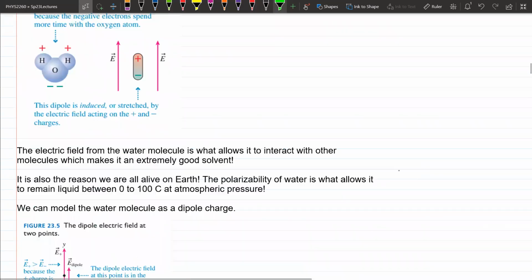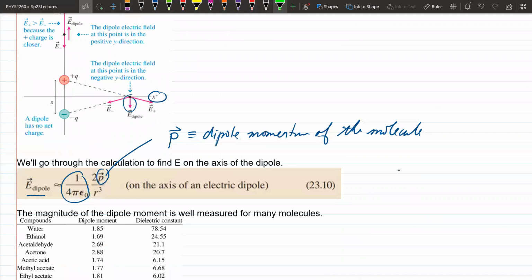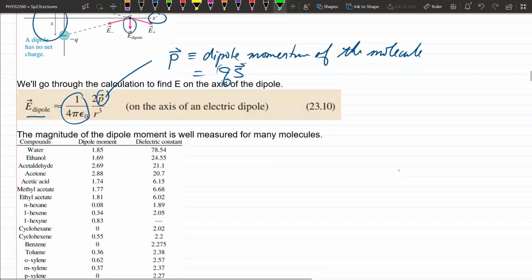And you can calculate that by taking the charge at each end and multiplying by the distance s between them, this vector. Basically taking the charge on one end and multiplying by the distance between the two. Actually, a lot of times you just care about the magnitude.